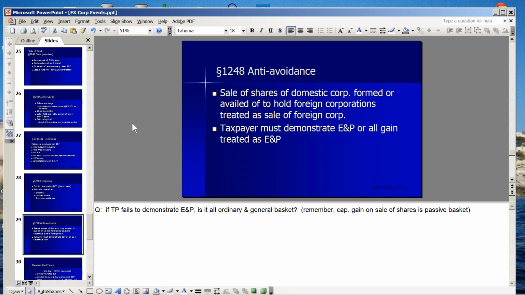Well, if I'm a corporation and I want to yank out as much of the foreign tax credits as possible, can I use this proactively and tell the IRS, I'm just not going to show you? Well, apparently so. If I fail to demonstrate the E&P, then the whole distribution is treated as E&P and recharacterized as a dividend.